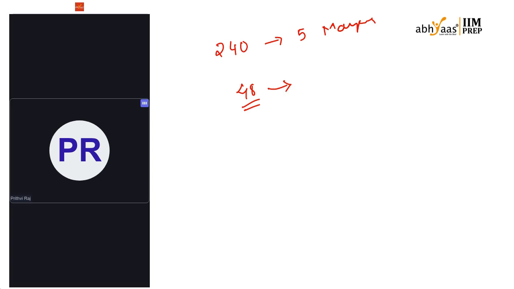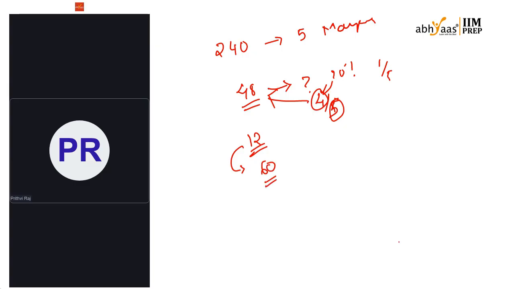How much percentage have I given off here? 20%, that means 1 by 5. So I have paid 4 by 5th, 4 parts out of 5 parts. So if 48 is 4 parts, 1 part value is 12. What is the market price of each mango? 5 into 12, it is 60. What they are asking, the market price of mango, is 60. Fine, guys.